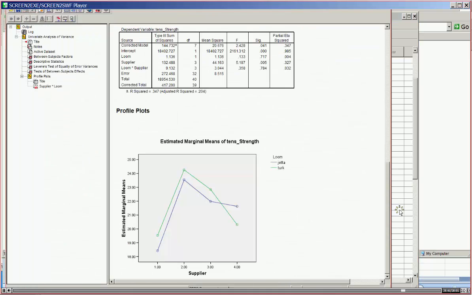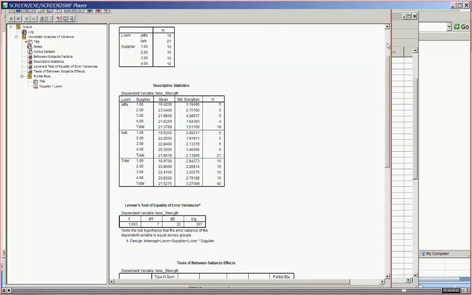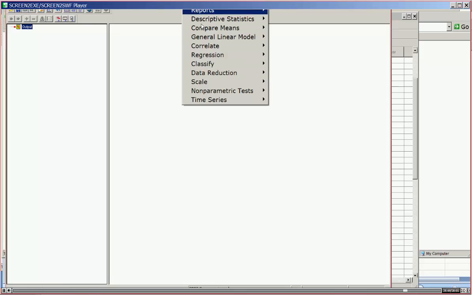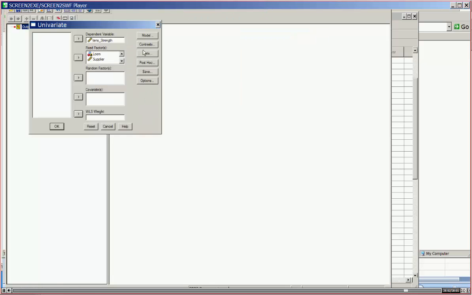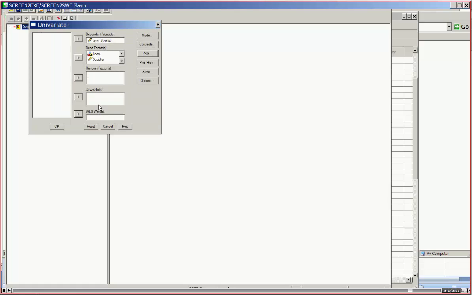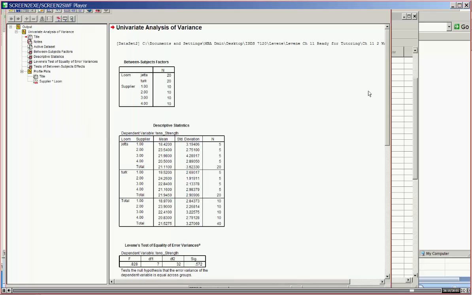Let's rerun the analysis. Now this makes sense.